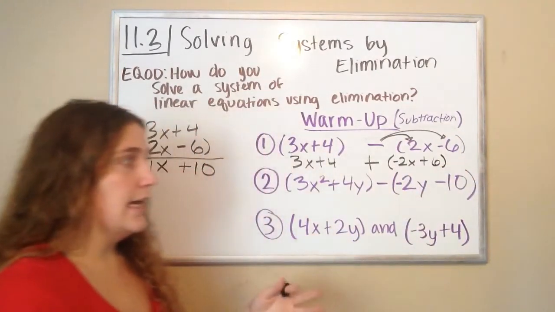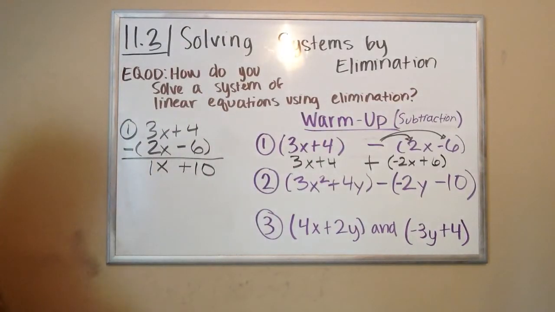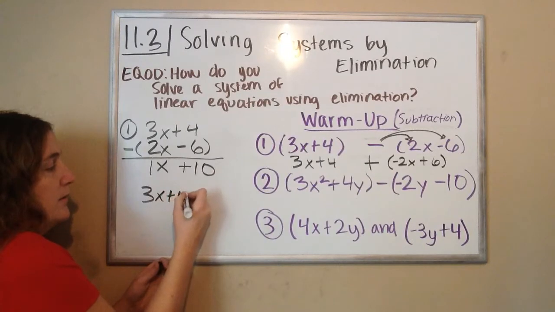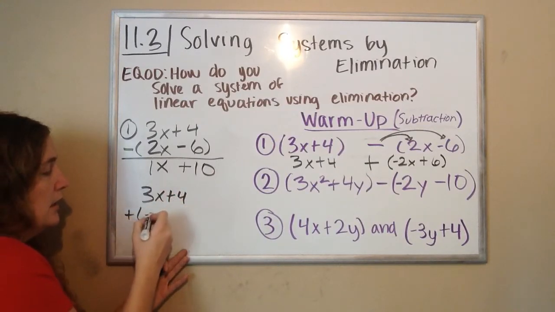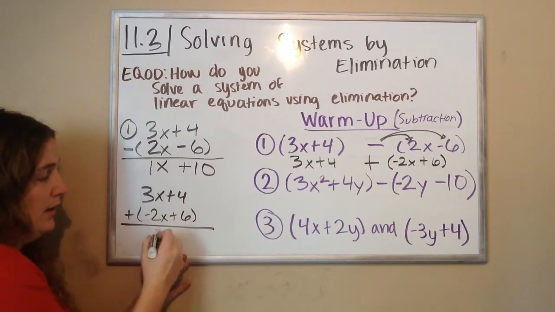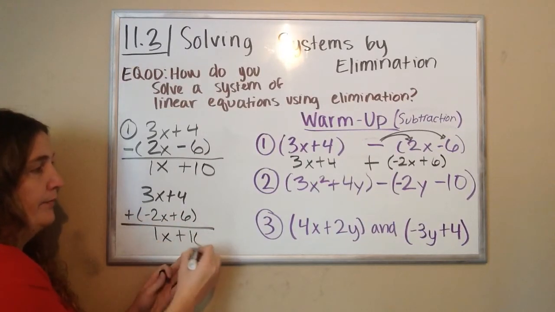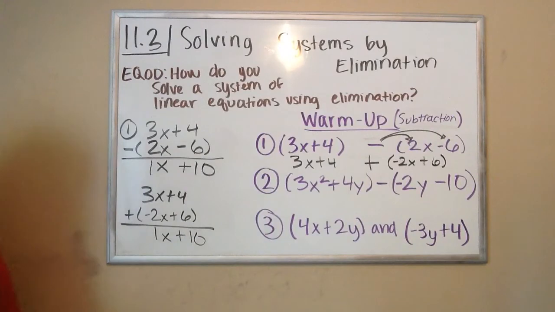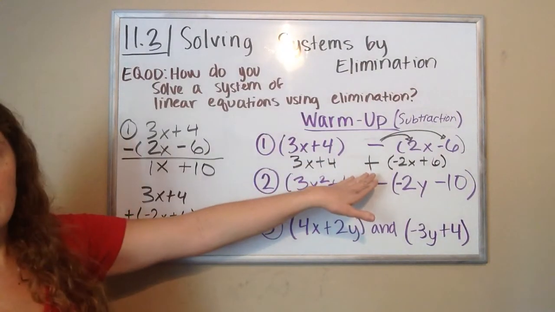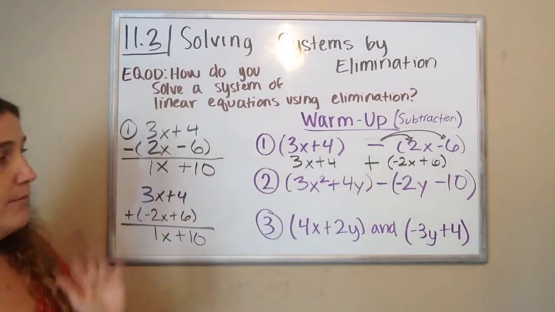You are changing the negatives to the positives and the positive to the negatives. And when I do that, 3x plus 4 plus negative 2x plus 6, you'll see that I get the same thing, 1x plus 10. I would much prefer to do addition, so when I move on to doing my problems, I'm going to always use this method here. I don't like subtracting, I'd much rather just add.